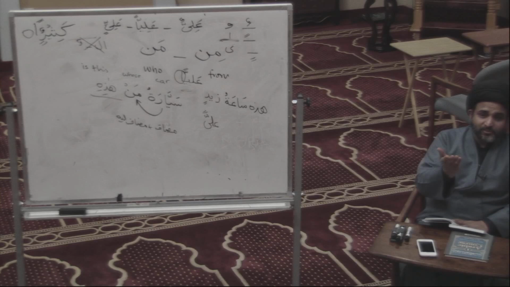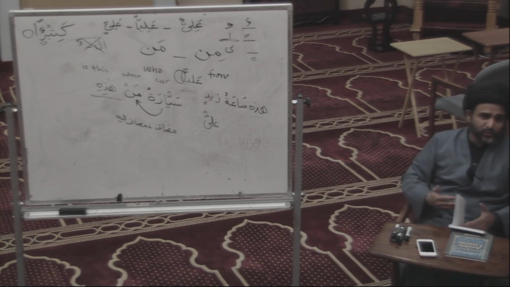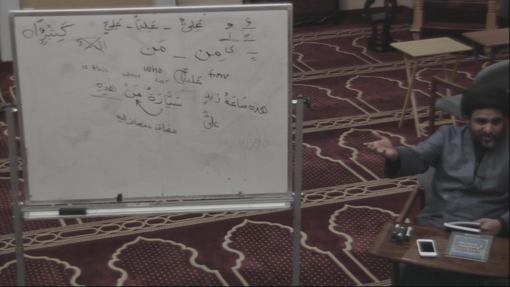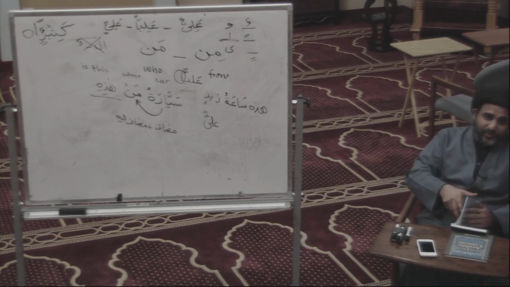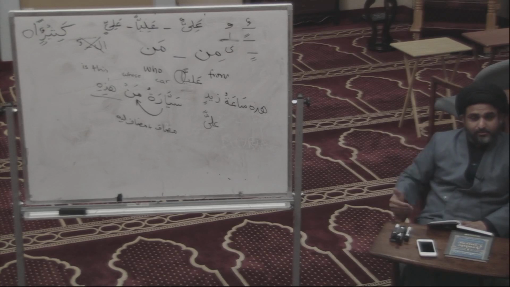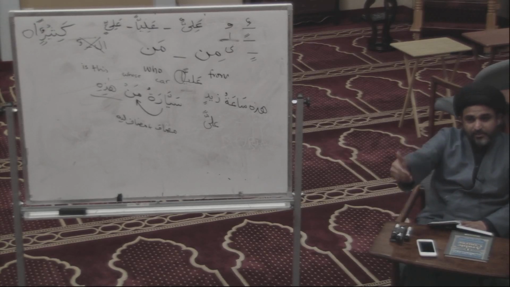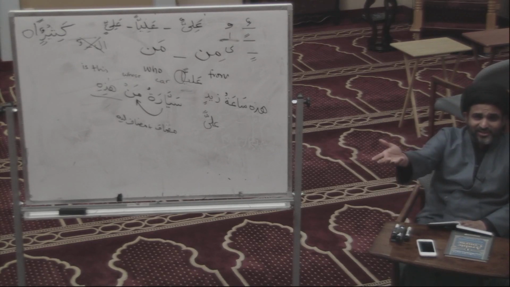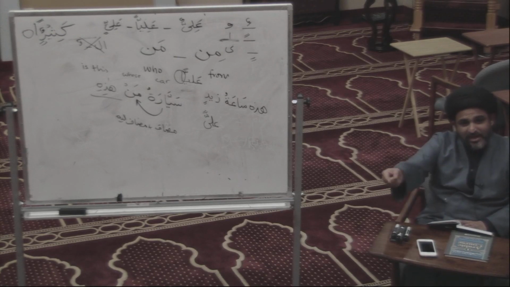So you don't call the person by their name, you call them by their profession. Aghay doctor. In Urdu also we say Dr. Saab, right? Hey doctor, hey doc. We don't call them by name. So that's what it is. That particular doctor, that particular muhandis, or that particular engineer, or that particular businessman. So we're calling them by their profession and not by their name. That's why you got alif lam on it.